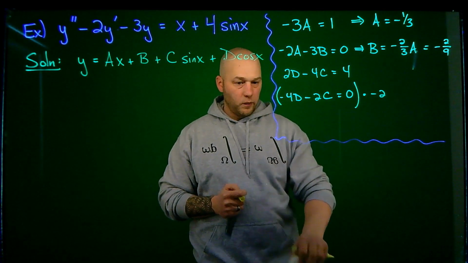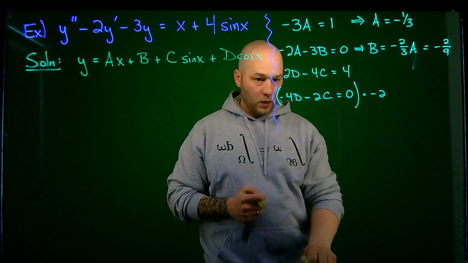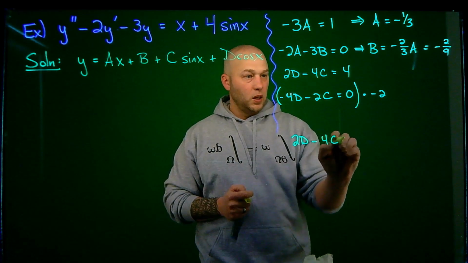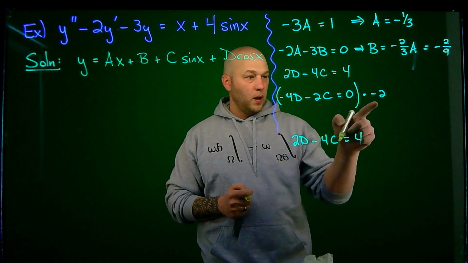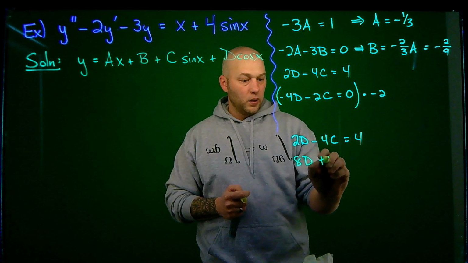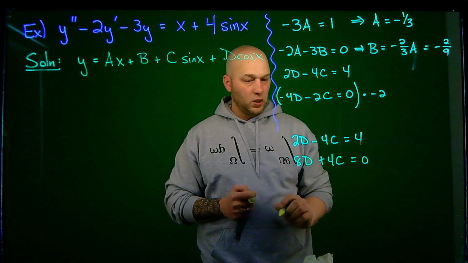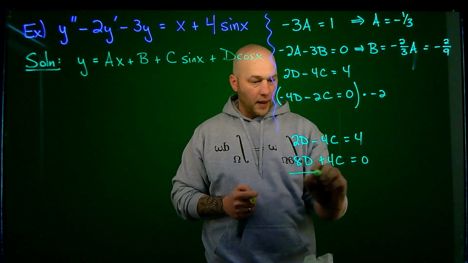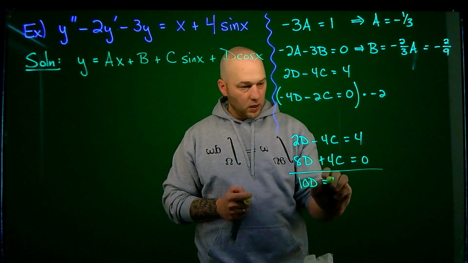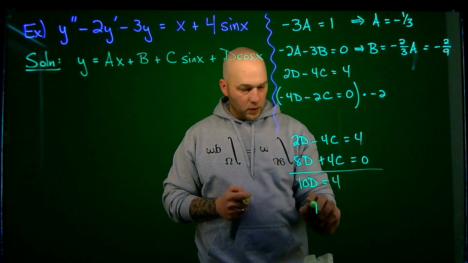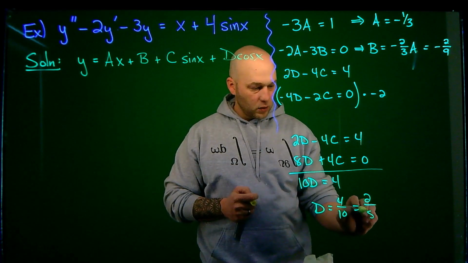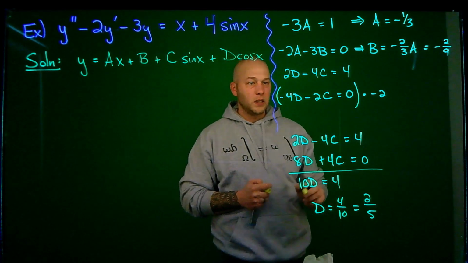That's going to give me the following: 2d minus 4c is equal to 4. And then multiply this by negative 2, I get 8d plus 4c is equal to 0. And then if I add that together, I'm going to get 10d is equal to 4. So d would be 4/10, which is the same as 2/5. So there's the value for d.